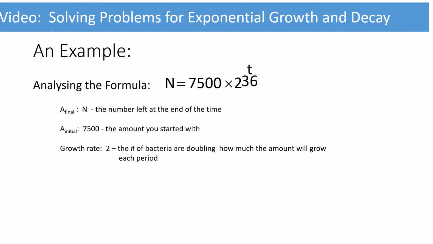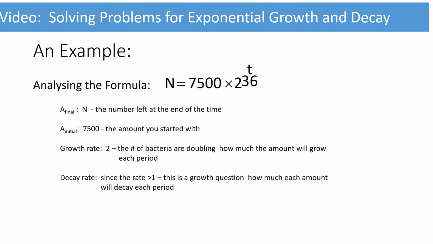Now, 2 happens to mean doubling. So this is doubling every period. So that's how many bacteria will grow in the time of one period. Since the rate is greater than 1, this is not a decay, but a growth.